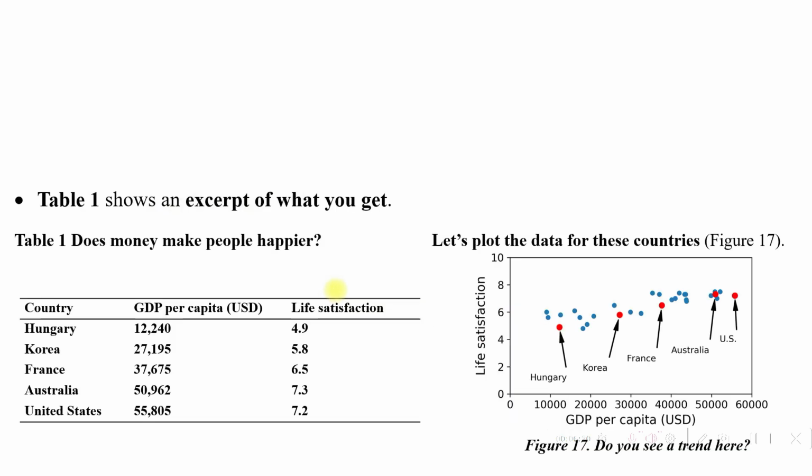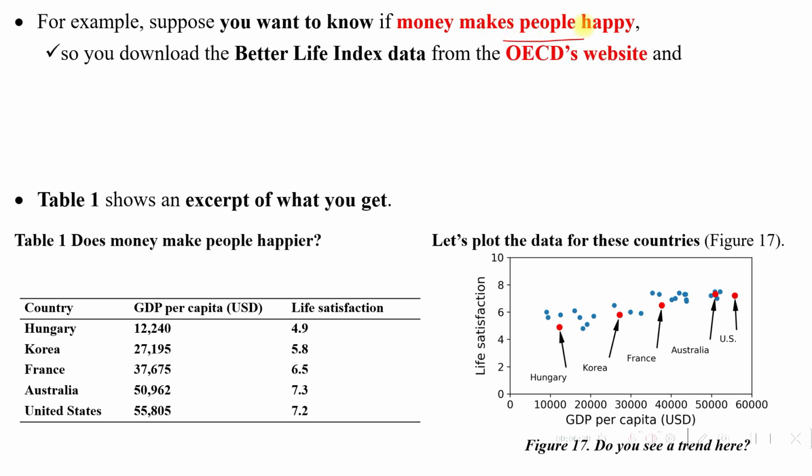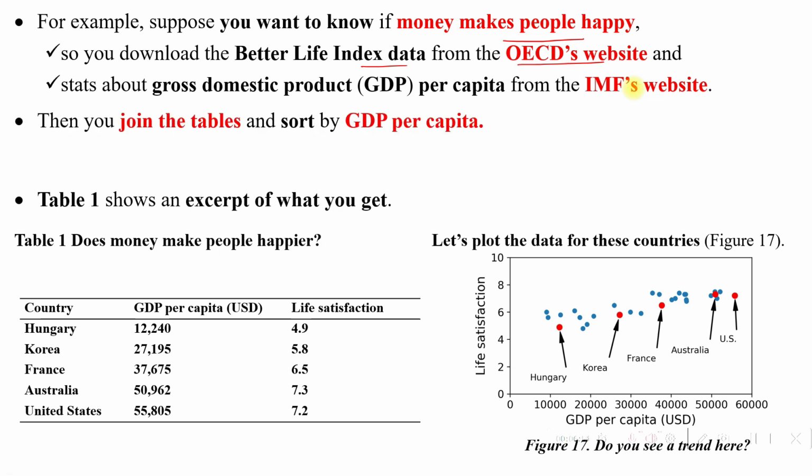Based on that, you can see an example here. Suppose you want to know if money makes people happy. We are using data sets from the Better Life Index data on the OECD website and the gross domestic product, GDP per capita, from the IMF's website. We are going to join the two tables and sort by GDP per capita.